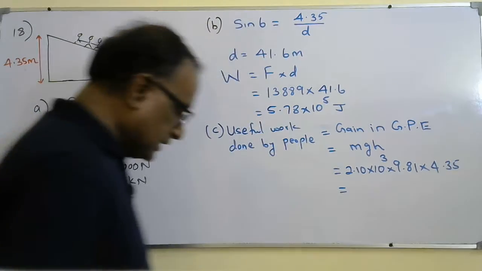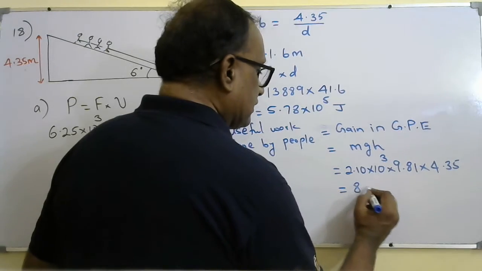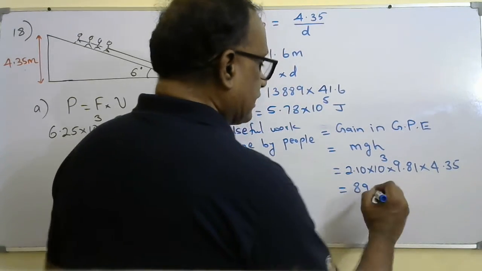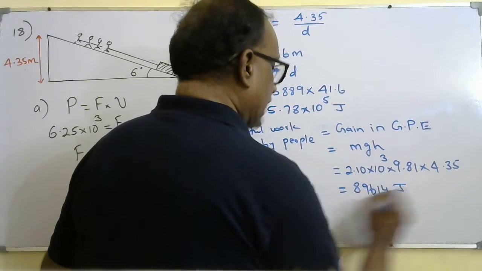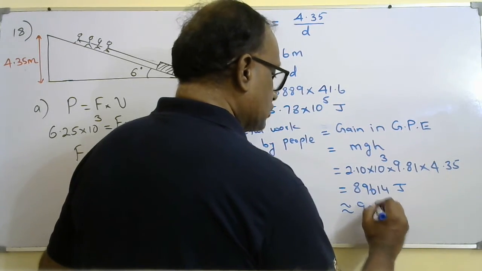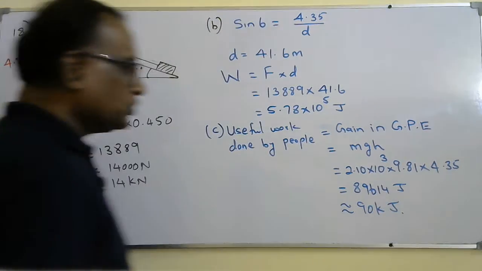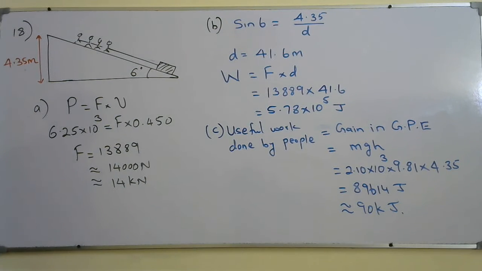So the final answer is 89,614 joules, approximately 90,000 joules. So I can say 90 kilojoules. That's the useful work done by the people.